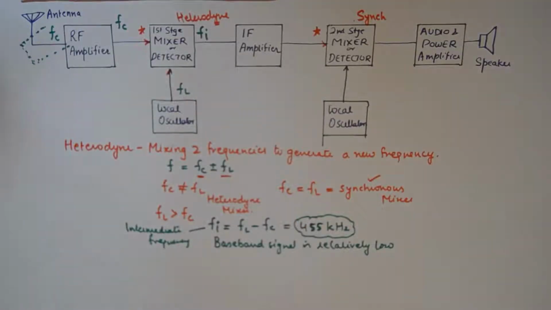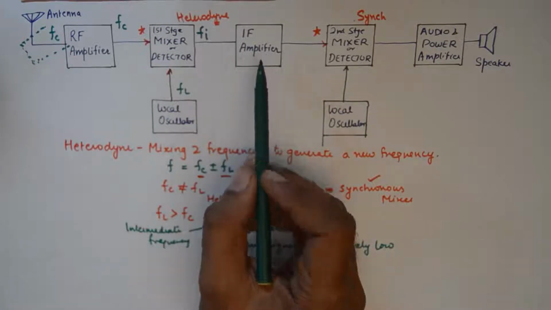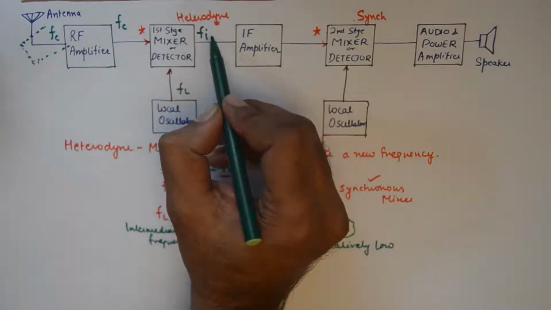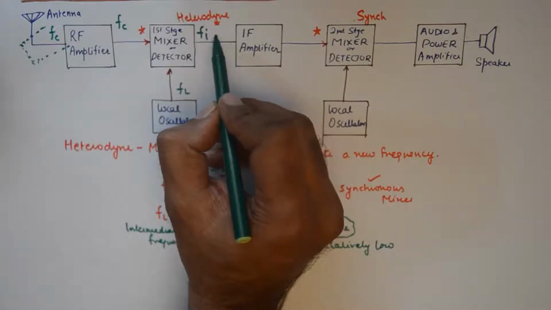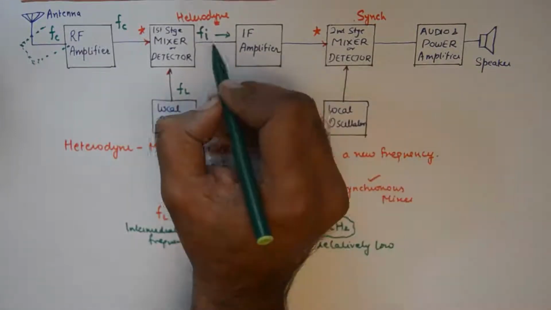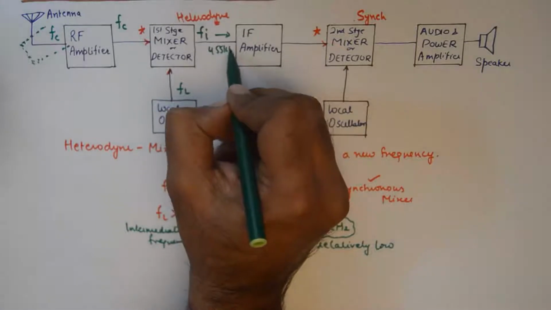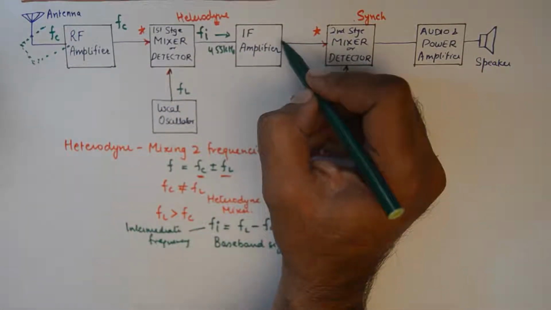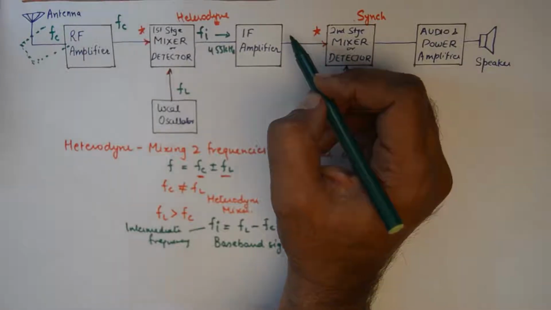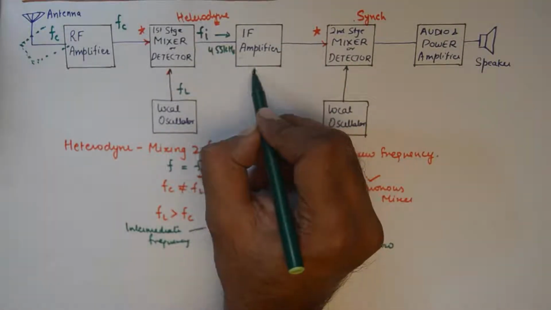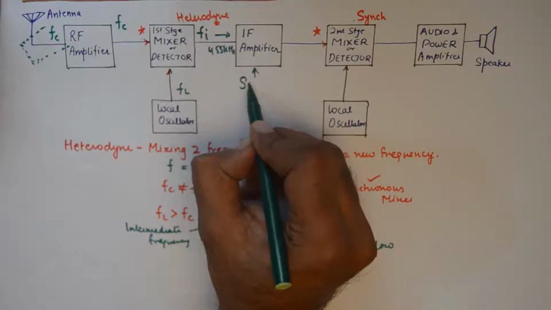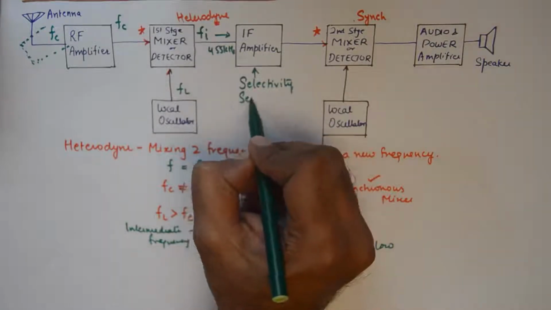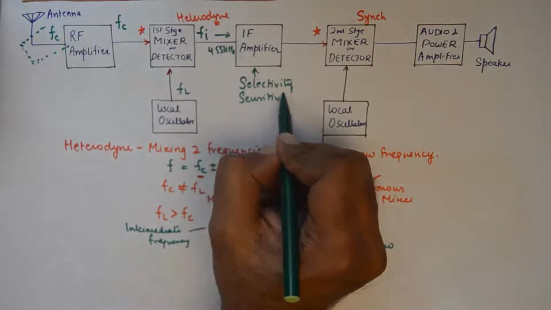The reason for that is at the IF amplifier stage, we feed this frequency, 455 kilohertz, to the IF amplifier stage, which does a very important job of both selectivity and sensitivity for the receiver.